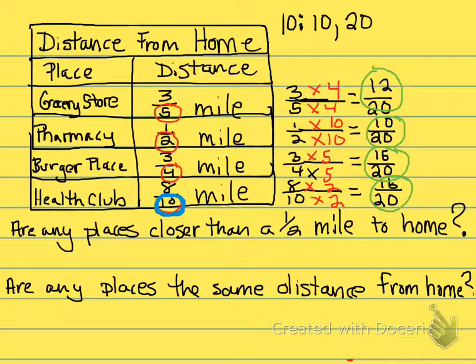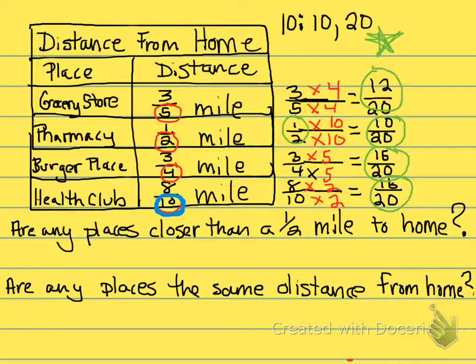Well, I'm looking at my new fractions, and I know that 10/20 is equal to half. And if there was any fraction less than 10 in these new fractions with the common denominators, the equivalent fractions, that would be a fraction less than half, meaning it would be closer than a half mile to home.